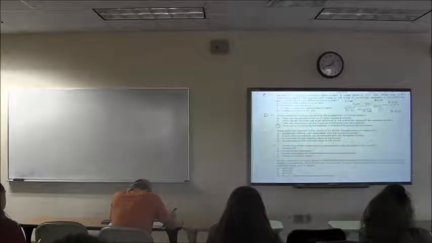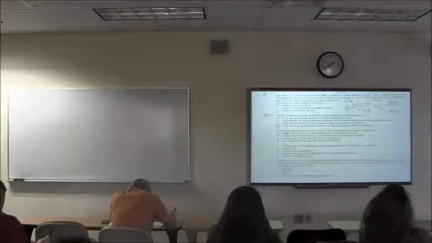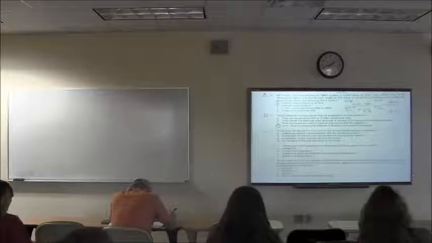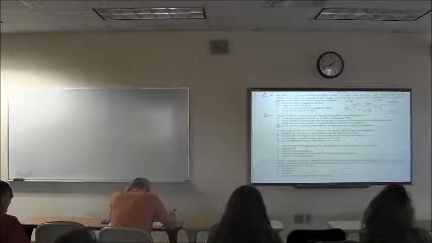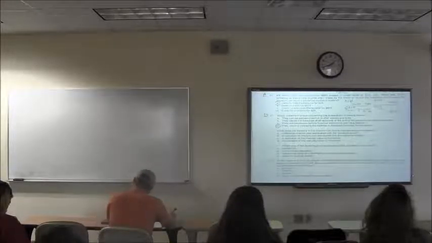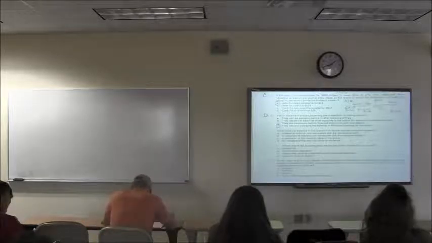What does the balance in the discount on bonds payable account represent? This is a crazy question. Is it A, the additional interest costs associated with the issuance of debt? Who thinks it's A? B, a reduction of interest costs associated with the issuance of debt?